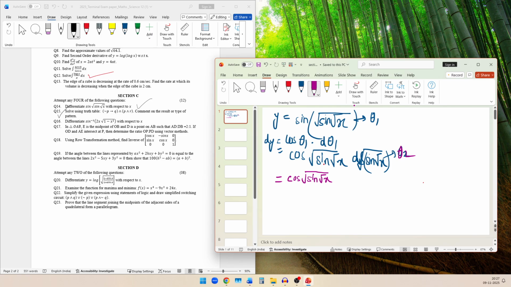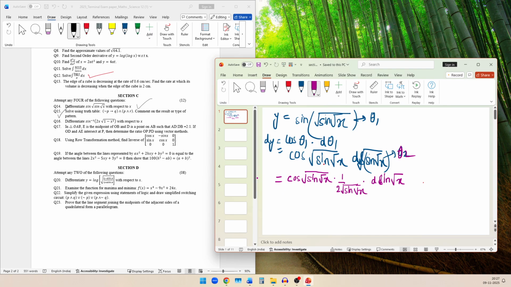Derivative of root of theta 2 would be 1 divided by 2 root theta 2. But what is theta 2? Theta 2 is sine of root of x, as the root has already been removed.